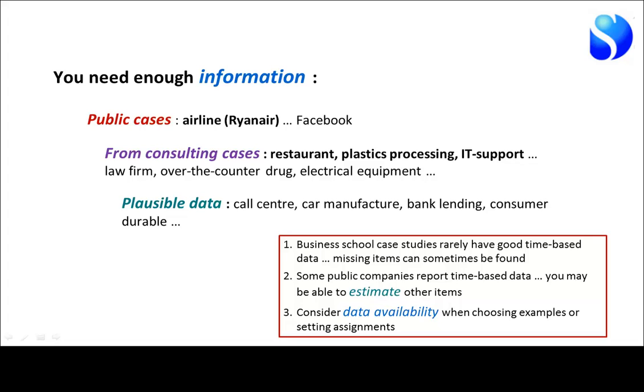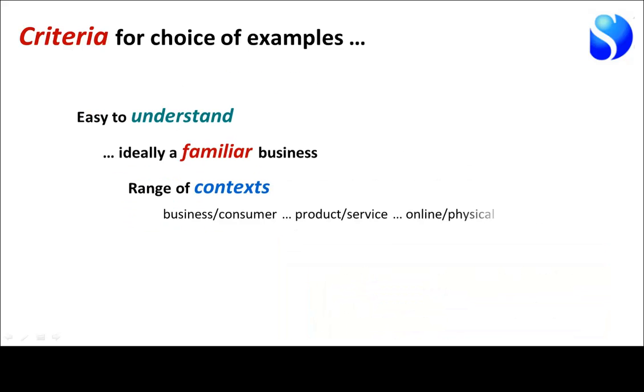With missing items, you can sometimes find that missing data, which is what I've done with Ryanair, but it's not typically in those business school cases. As I say, some public companies report time-based data, and you may be able to estimate other items. So you really need to think, if you're going to pick an example or pick a case, is it likely that you or students will actually be able to find the information that you or they need to do the work for the class?